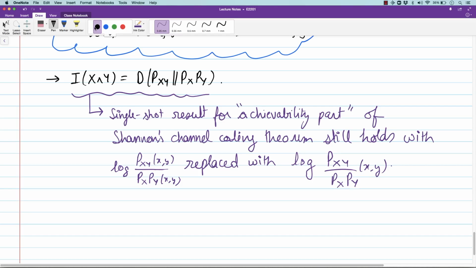But how about entropy? Entropy by definition was for a discrete random variable. Why was it a discrete random variable? Well, even the operational significance that we gave for entropy was the size of a large probability set. We saw that the size of a large probability set is roughly 2 to the power entropy. That was the cardinality of a large probability set.